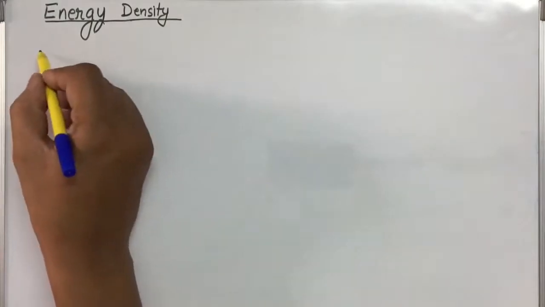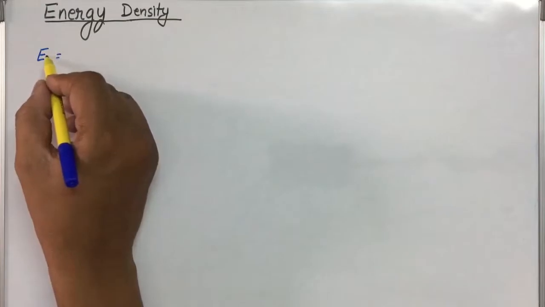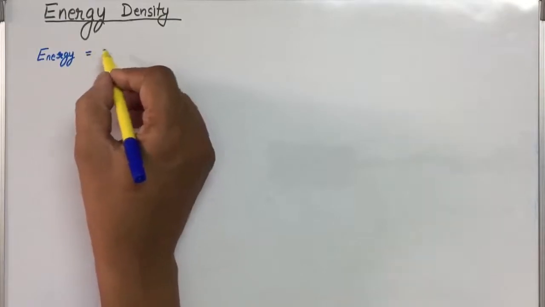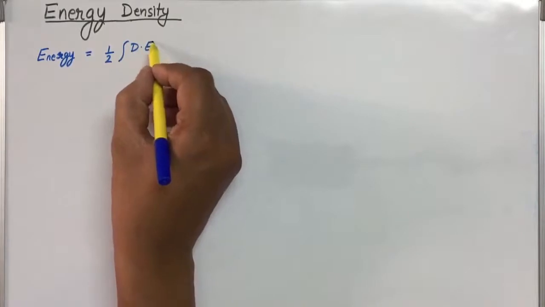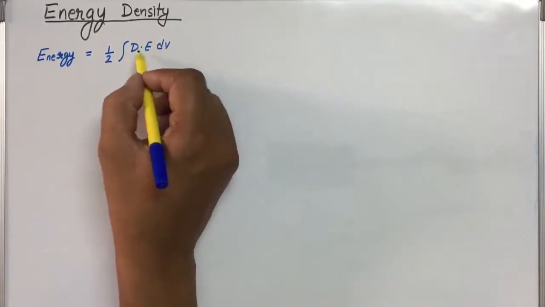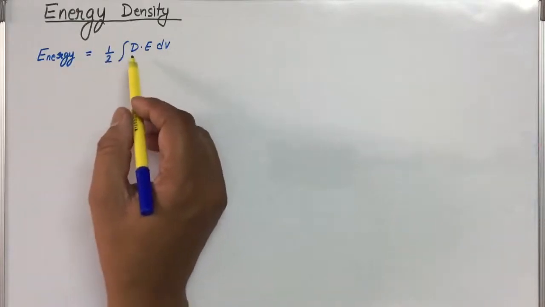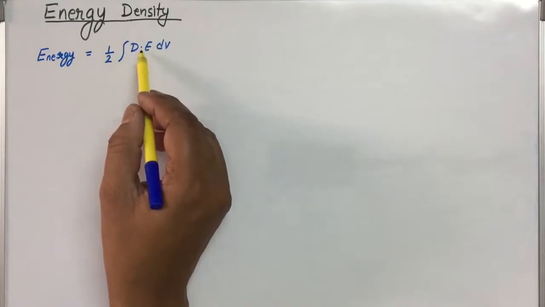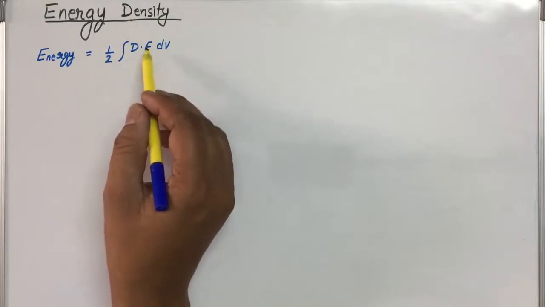In electrostatics, we came to know that energy was equal to half the volume integral of D dot E, that is, half the volume integral of electric flux density with the dot product of electric field intensity. This is the energy in electrostatics we have seen there.